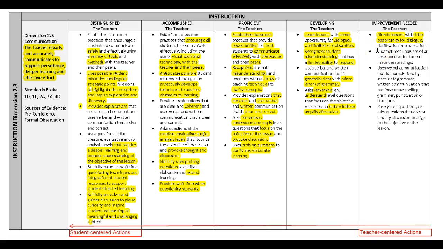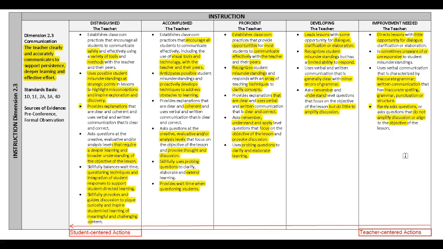The teacher is sometimes unaware of or unresponsive to student misunderstandings, uses verbal communication that is characterized by inaccurate grammar, written communication that may have inaccurate spelling, punctuation, and structure. And this teacher also rarely asks questions, or they ask questions that do not amplify discussion or align to the objective of the lesson.